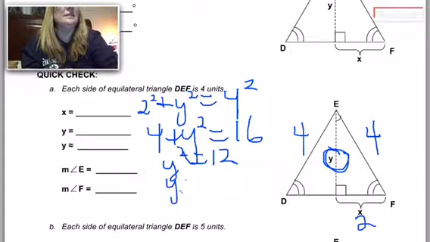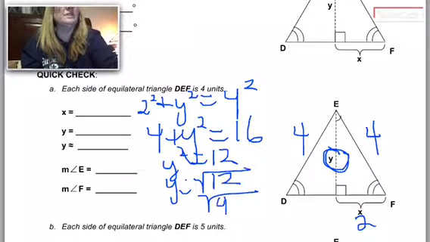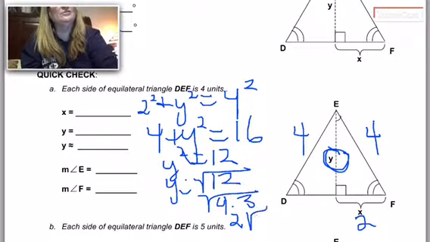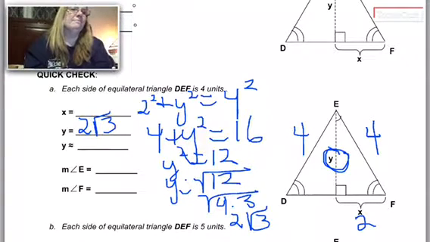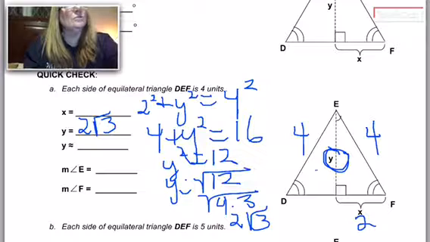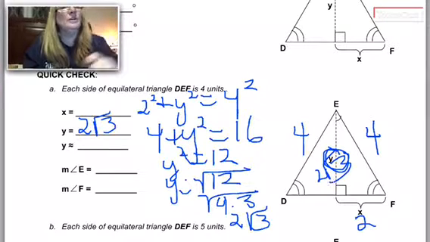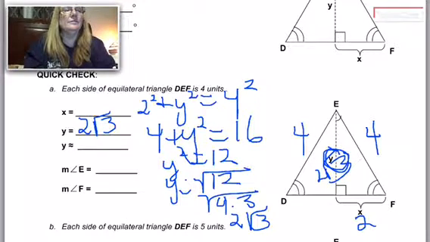So y is equal to the square root of 12, which can be rewritten as the square root of 4 times 3. And so the 2 comes out, the 3 stays under, and so y is 2 times the square root of 3. Okay, this is 2 times the square root of 3.